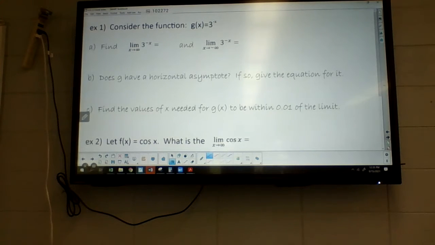All right, so the next one here is asking for the limit as x approaches infinity and negative infinity for 3 to the negative x power. So again, we have to grab our graphs, 3 to the negative x. Again, graphing that by hand would be a big pain.